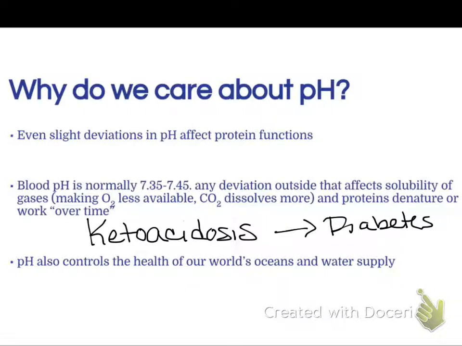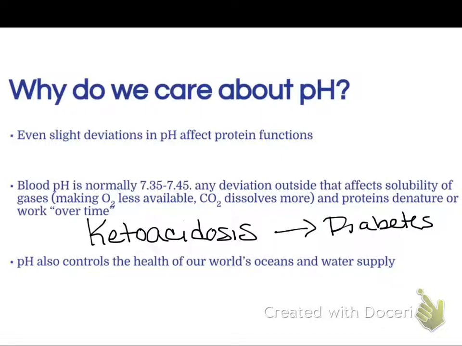So having undiagnosed diabetes can change the blood pH dramatically because the body isn't removing sugar from the blood. And so this has a direct effect on people's ability to breathe, because if your blood pH is wrong, then the oxygen that's supposed to be in your blood doesn't want to stay there. Okay, so we got to fix those things as soon as possible.